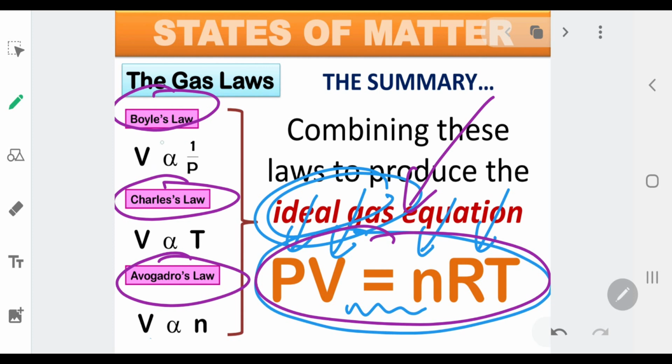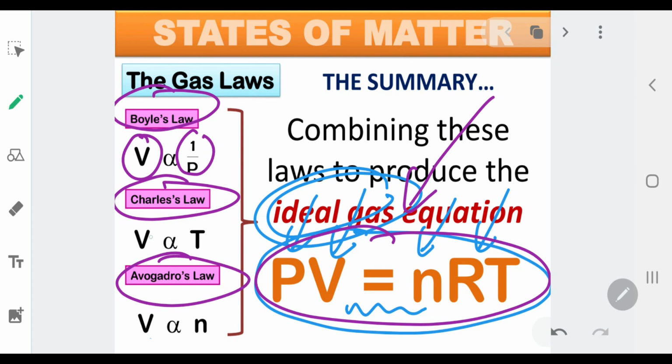For Boyle's law, volume is inversely proportional to pressure. It means when the ideal gas volume expands, the pressure is going to be reduced.